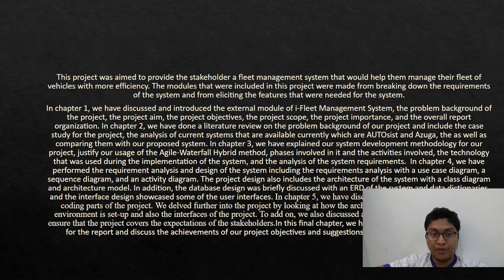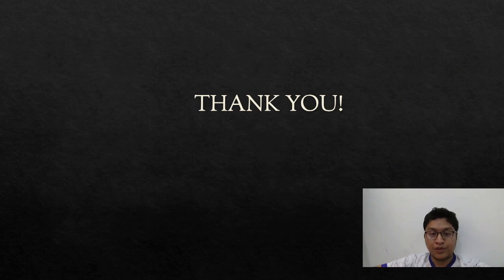In chapter 4, we have performed the requirement analysis and system design where we had a use case diagram, a sequence diagram, and an activity diagram. In chapter 5, we have discussed the implementation and coding parts of the project. And in this final chapter, we have concluded the previous chapters of the report and discussed the achievements of our project objectives and suggestions for improvement in the future.